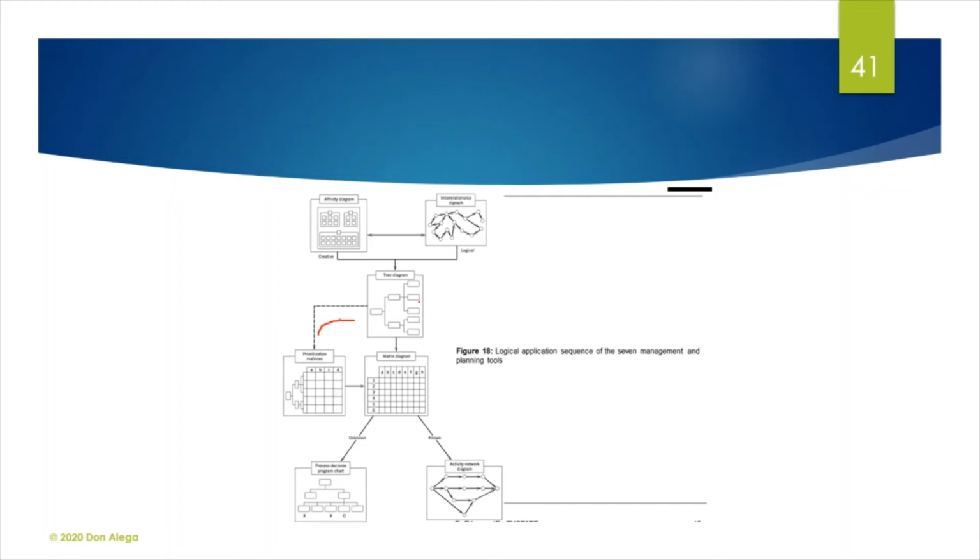And then, also, sa matrix diagram, you need the tree diagram tsaka prioritization matrices para makabuo ka ng matrix diagram. Then sa matrix diagram naman, you can proceed with the process decision chart or the contingency part na ito and the activity network diagram. Okay po.